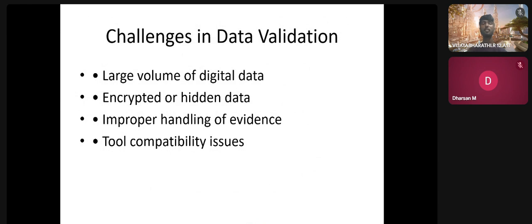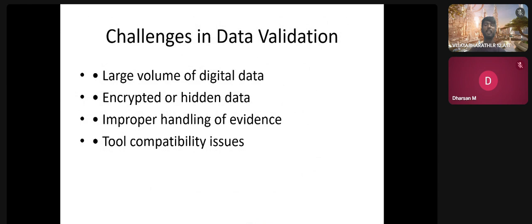These are all the challenges we face during data validation in forensics. The main one is large volume data; processing large volumes of data is difficult, and that's the main issue we face in forensic validation.